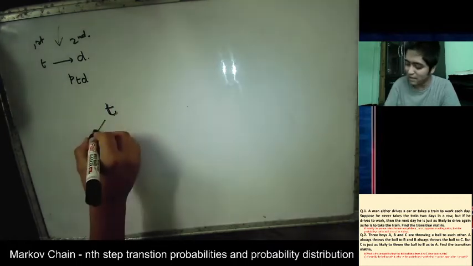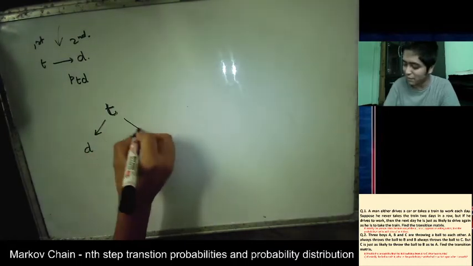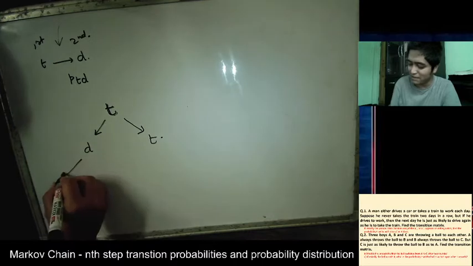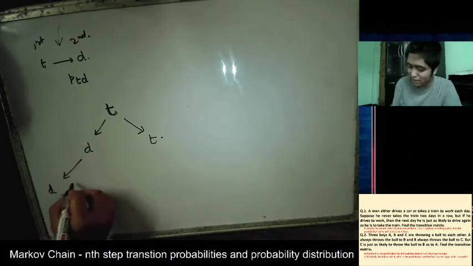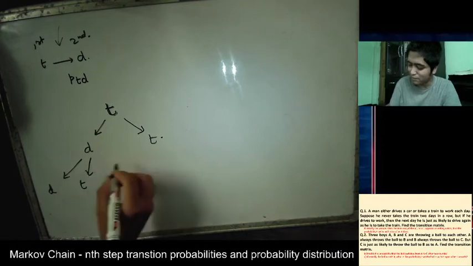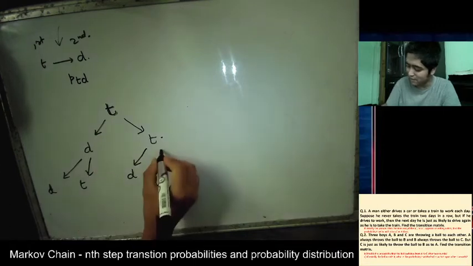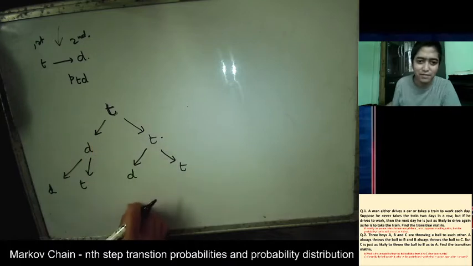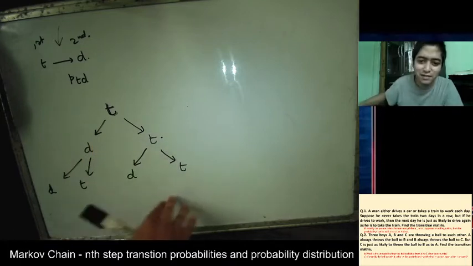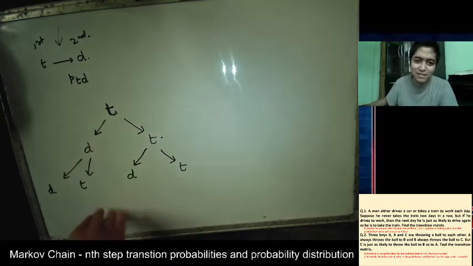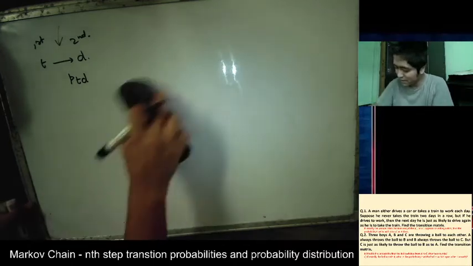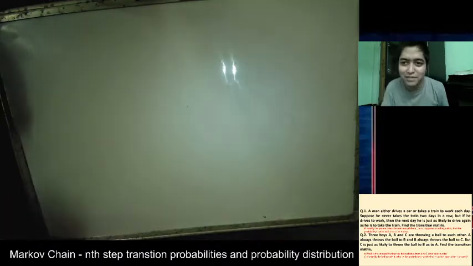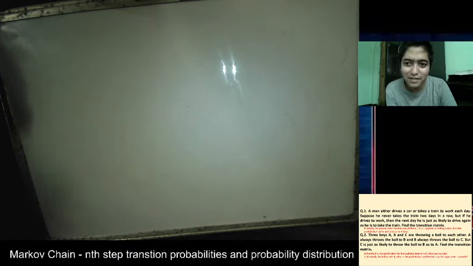On the second day, again he may drive or take the train, and the third day again he may drive or take the train. So we have so many cases. These possibilities keep on increasing day by day.